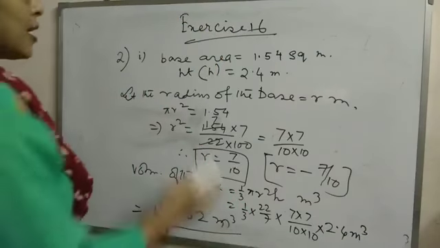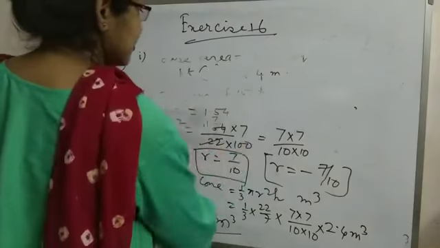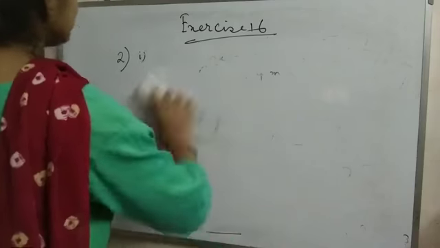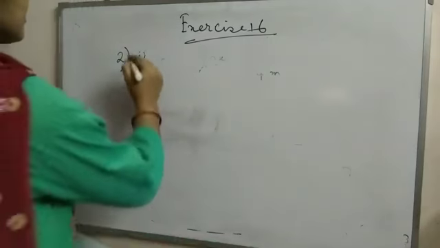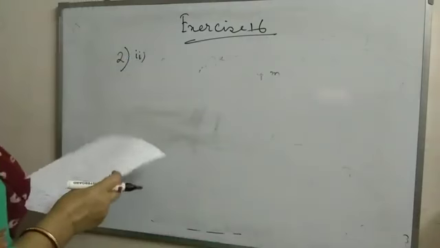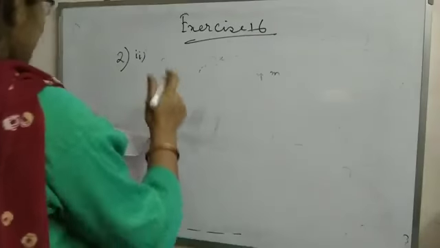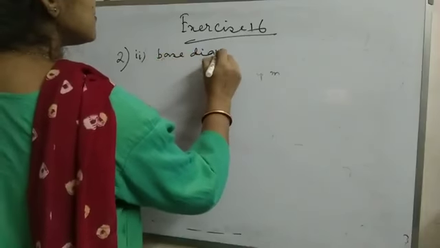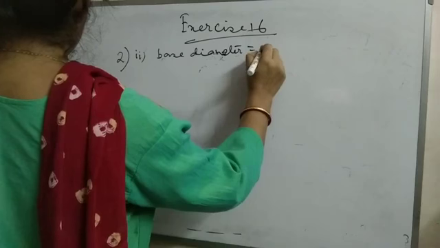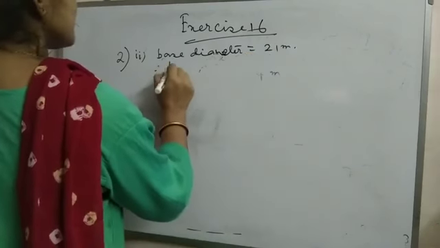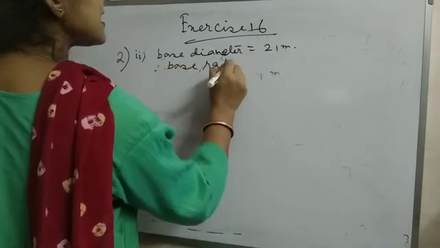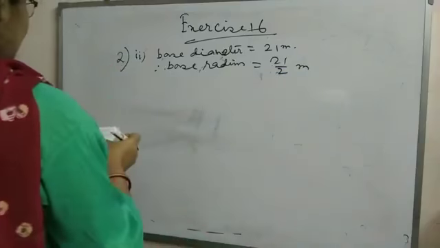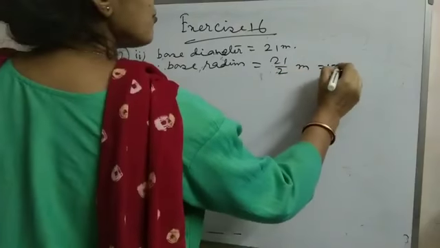This is the first one. And the second one is, when base diameter equal to 21 meter, that means radius of the base equal to 21 by 2 meter, equal to 10.5 meter.